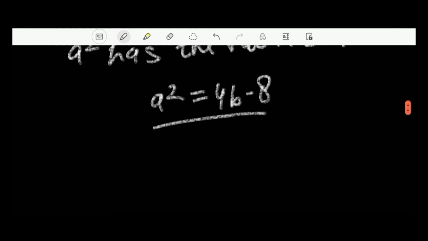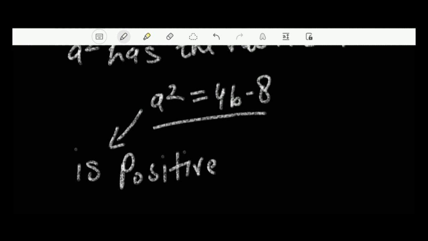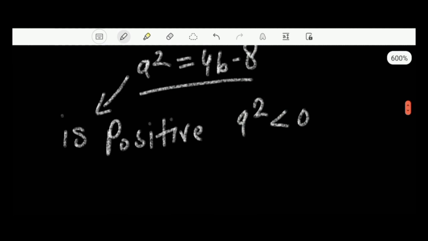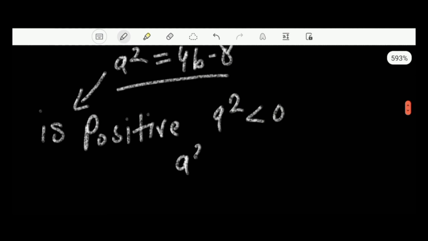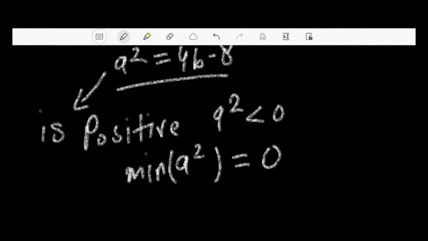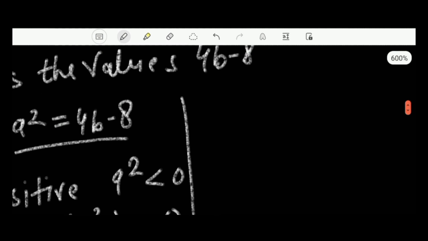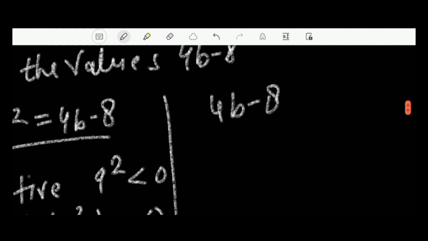And since we know that a square is a positive term, a square can never be smaller than 0. So for the least value of a square, it can only be equal to 0. So we can simply say that 4b minus 8 is equal to 0. So by solving this equation we can obtain that b is equal to 2.